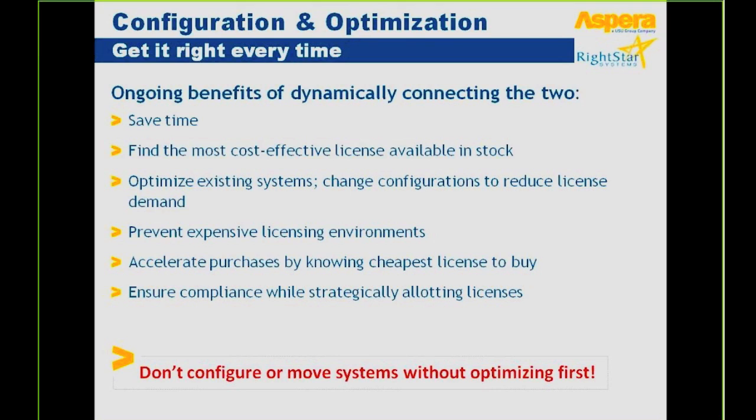And then it finally turned out, yes, we saved 10 million in hardware, but we spent another 20 million for the software licenses we had to buy on top of what we already owned, because no one ever did optimization before changing the configuration. So this is probably the most beneficial piece, or the biggest low-hanging fruit you can get from tightly integrating ITSM and software asset management, because it allows you to simulate your changes and to find out what is a good choice and what is a not so good choice before you execute.